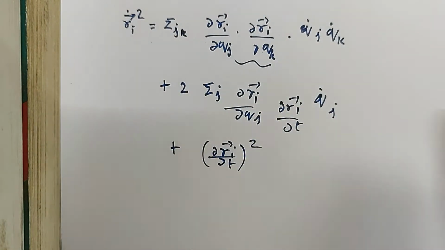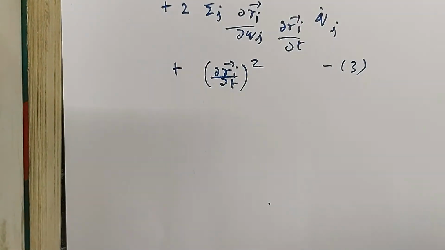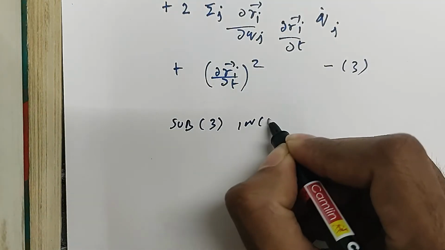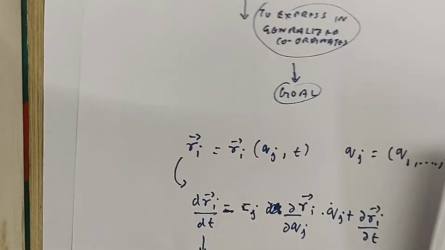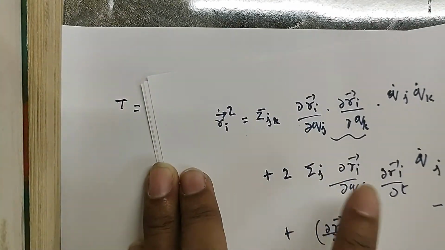So this is my squared expression of velocity. I'm going to mark this equation as 3. I'm going to substitute equation 3 in equation 1, and I'm going to substitute it over here.